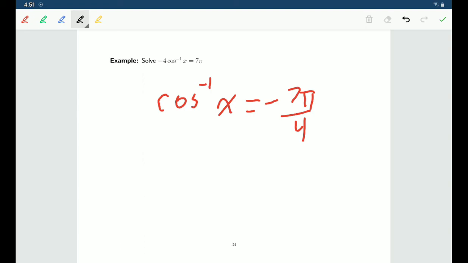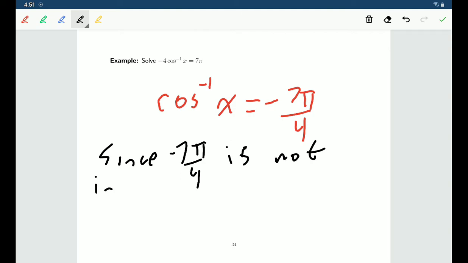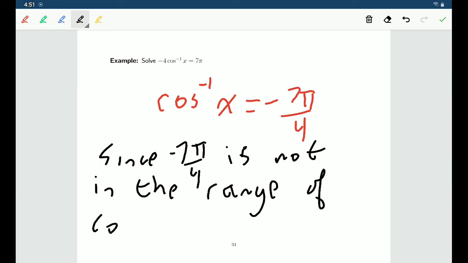So I could say that since negative 7 pi over 4 is not in the range of cosine inverse, there is no solution.